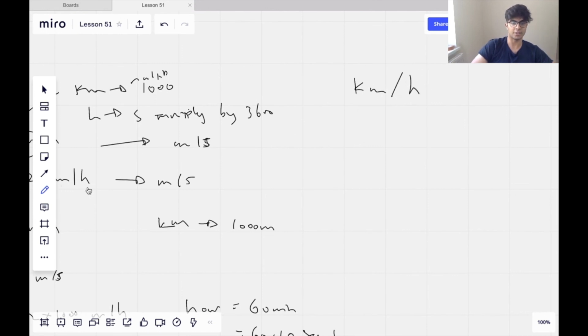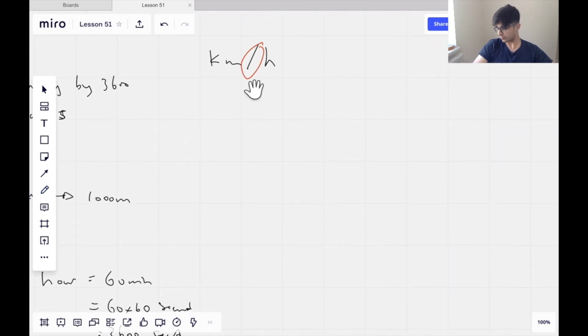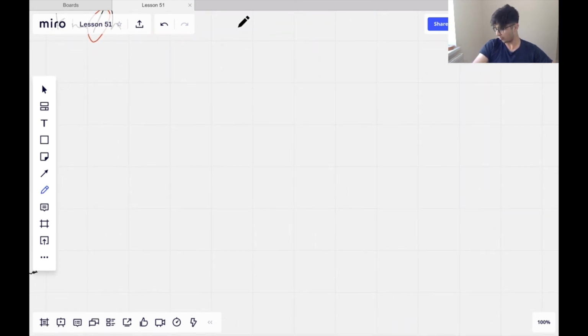We have this division sign here, so instead of multiplying by 3,600, what we usually do, we'll just do the opposite of that to go from hours to seconds. So let's try that out the other way around. If we have 930 meters per second, let's convert that into kilometers per hour.